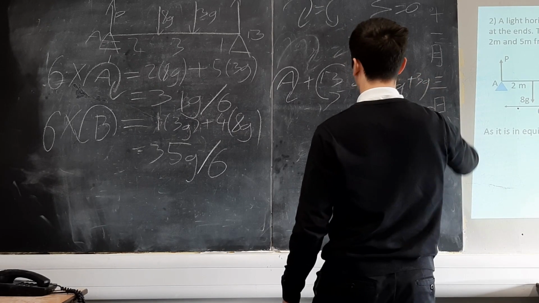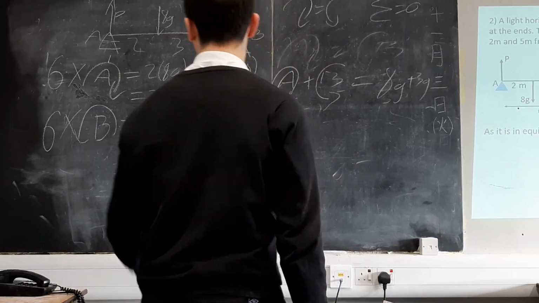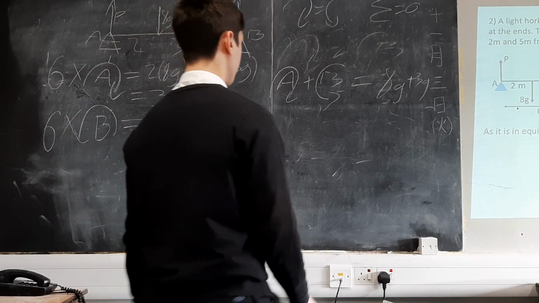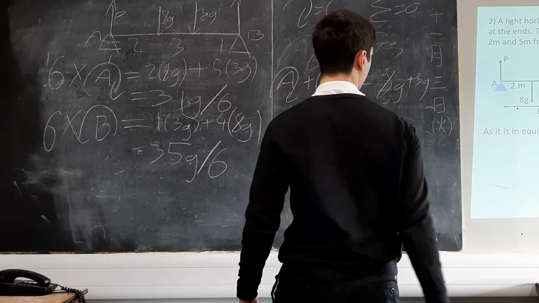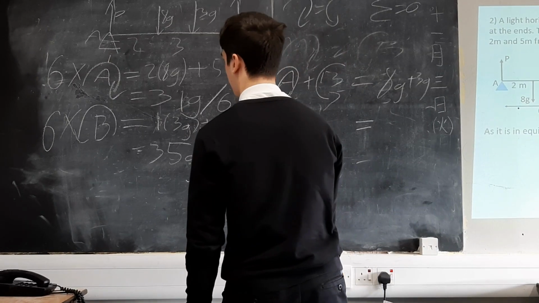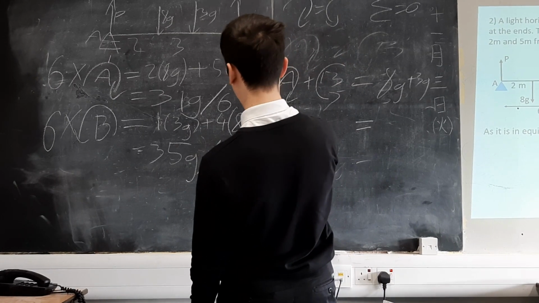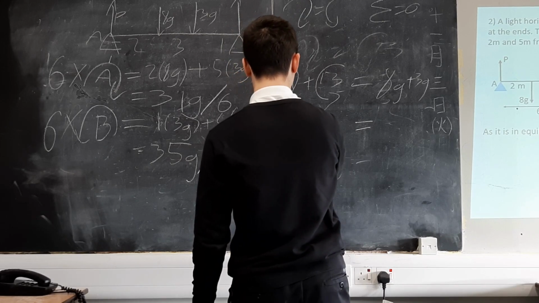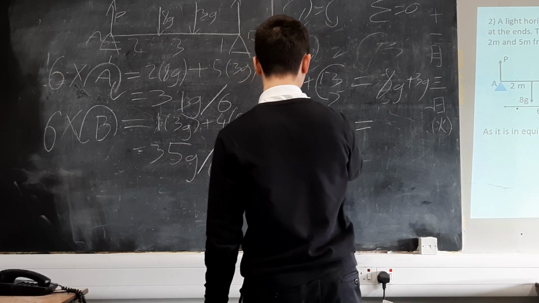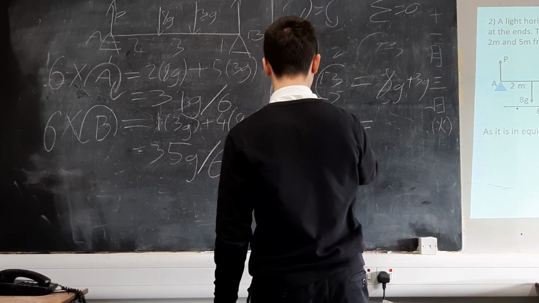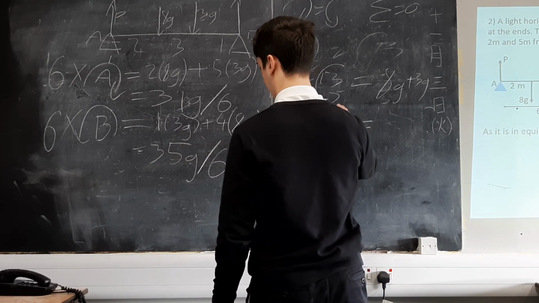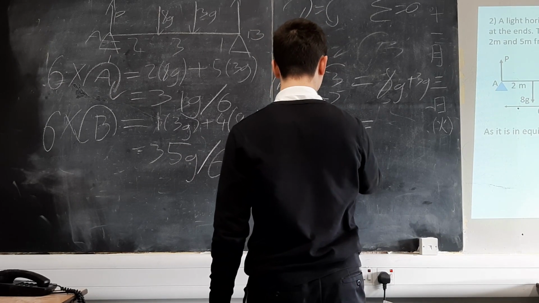P and Q, not AB, but doesn't matter. Same thing. I don't wanna use them just out of not wanting to, but that should still ring true. So 31G over 6. Yeah, you wrote correctly. Plus 35G over 6.